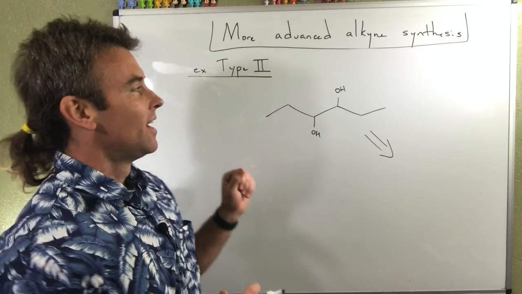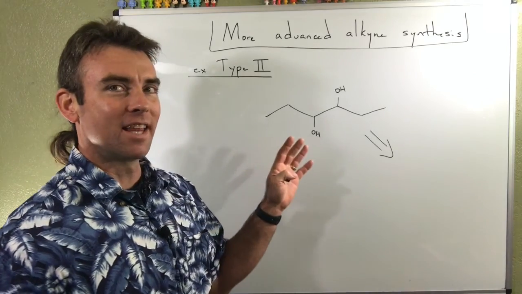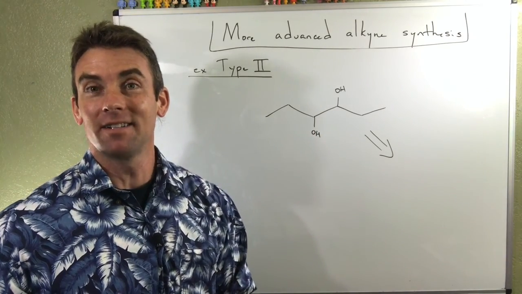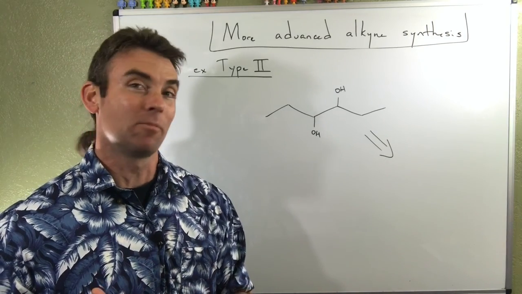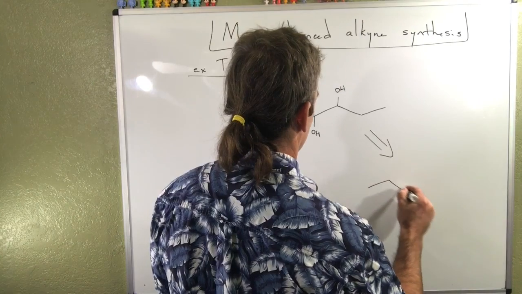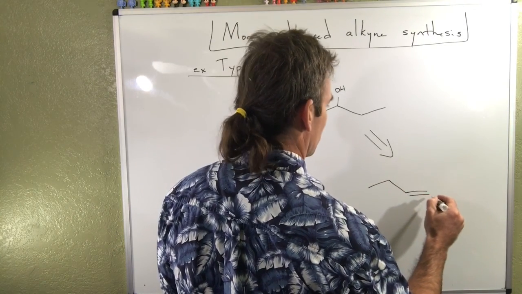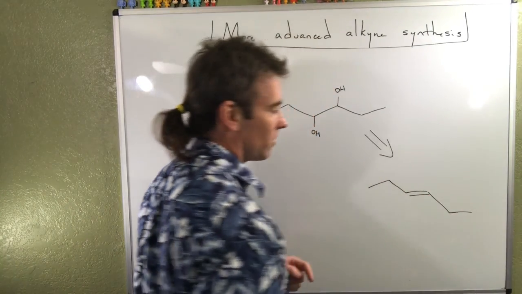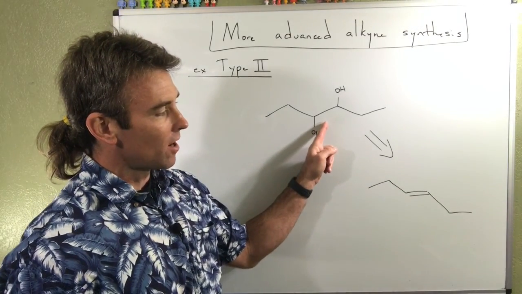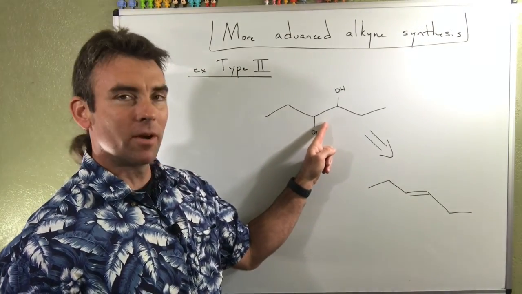And so here's a great example of something like that. The only real way that we know to form vicinal diols is through an alkene type reaction. So let's imagine that this thing is an alkene. Whatever alkene that you want to start with here. So that and a particular note card reaction is going to get us there pretty quickly.